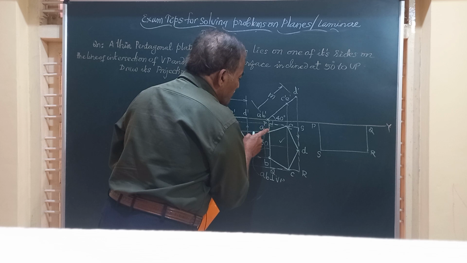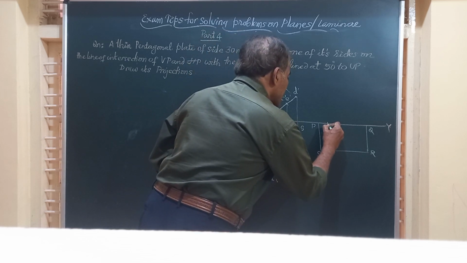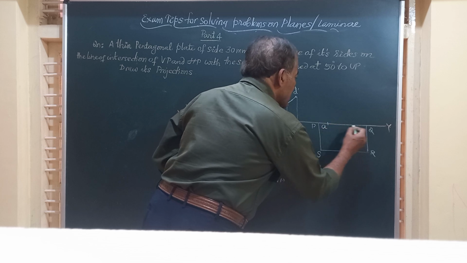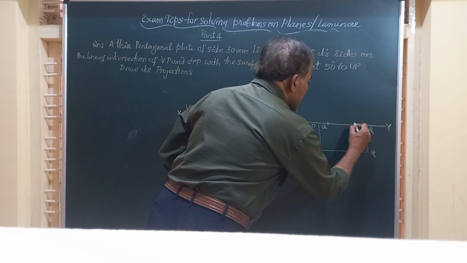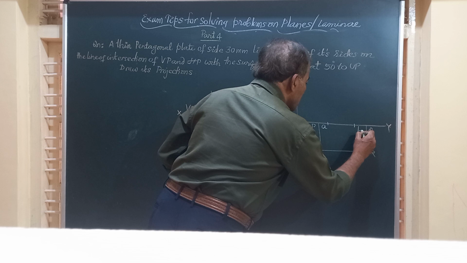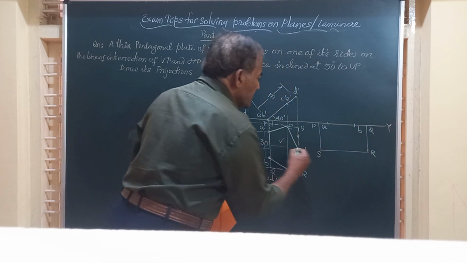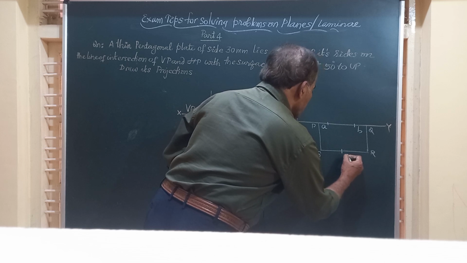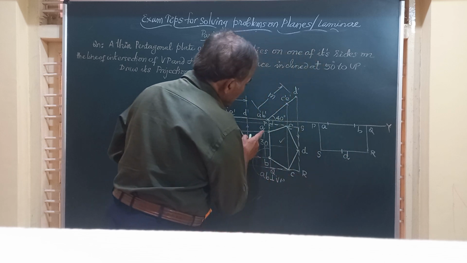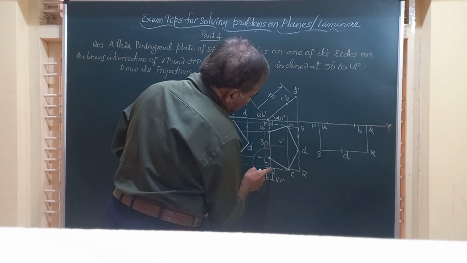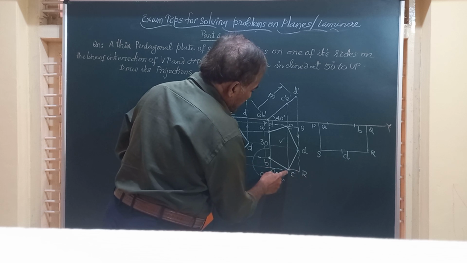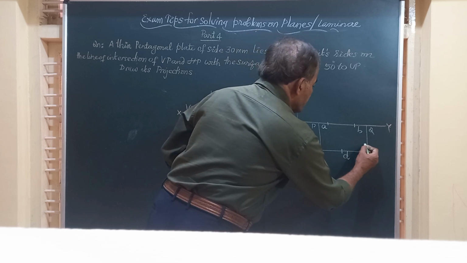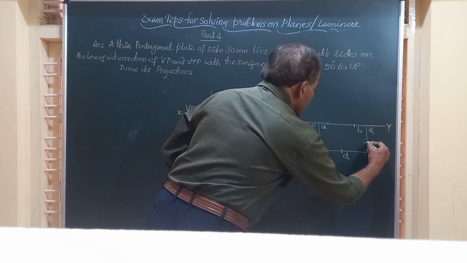So from P, you mark this distance and get point A. This point is A. Equal distance from the other end is point B. Exactly opposite to AB, you have got the point D in the center of SR. Then C is on QR, and that is nearer to R. So somewhere here, friends.